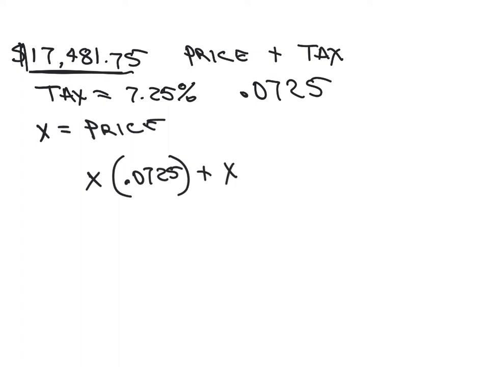So let's put this aside for right now. Let's say that you bought something for $10 and the sales tax was 5%. So that means the sales tax was 50 cents.